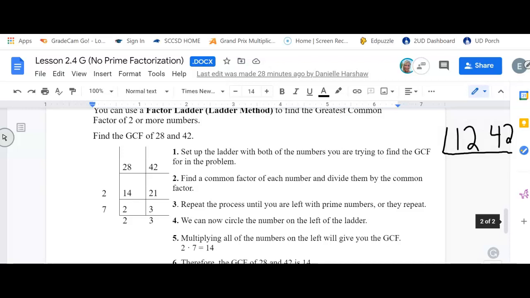Mark: 6. I agree. What is 12 divided by 6? 2. What is 42 divided by 6? 7. Can I divide anything else out of 2 and 7?